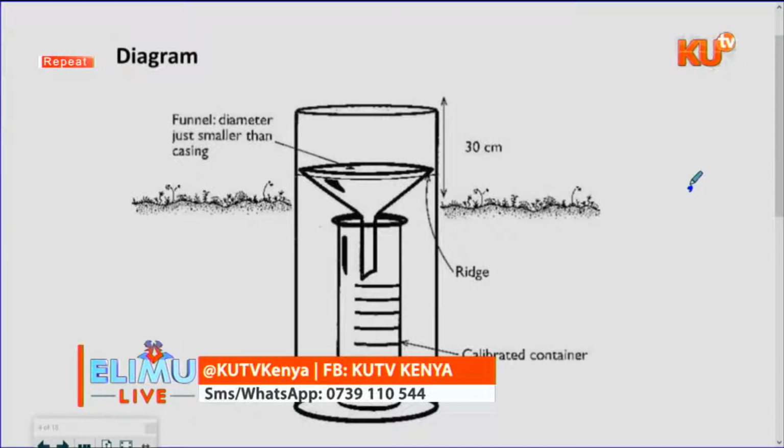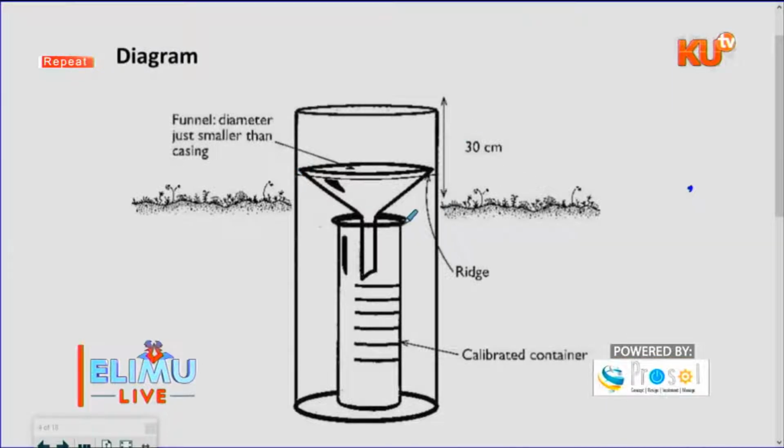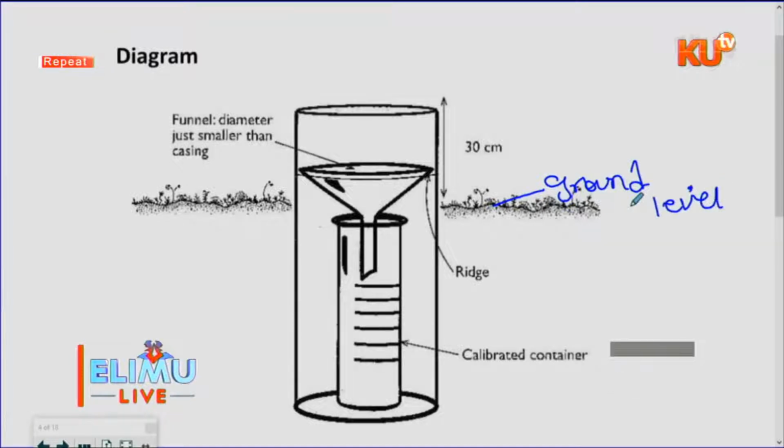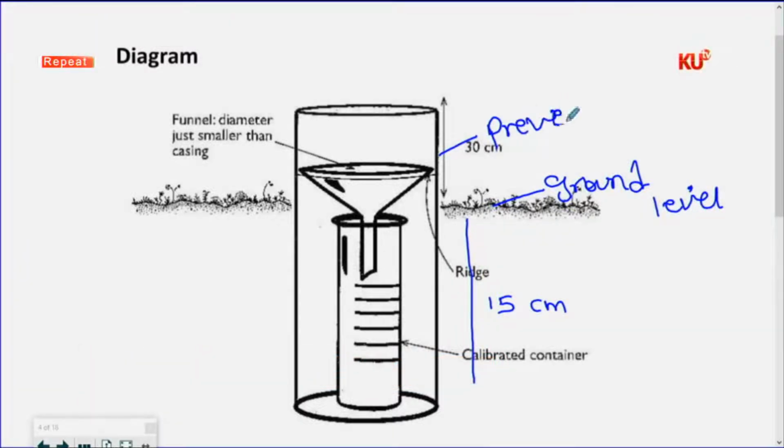So we were to look at the diagram of a rain gauge. That's the diagram of a rain gauge, as you can see. We have the upper part, that is 30 centimeters. Then we also have the lower part of the rain gauge that is dug into the ground. This is the ground level. We have 30 centimeters above and 15 centimeters dug into the ground, and we said it is left so that it can prevent splashing of water.